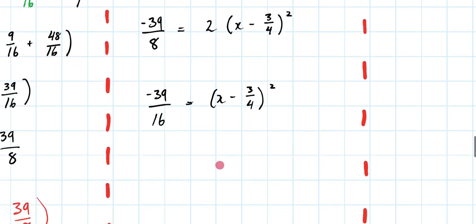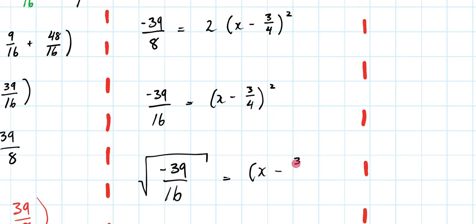Now, in order to get rid of this squared, I'm going to square root both sides, and this is where alarm bells should start ringing in your head, because you can't square root a negative number. If I was to go onto my calculator and go minus 39 on 8 and square root that, my calculator is going to tell me maths error.